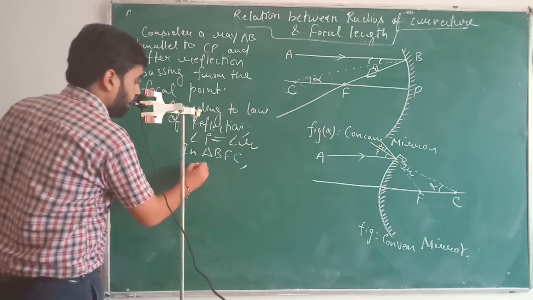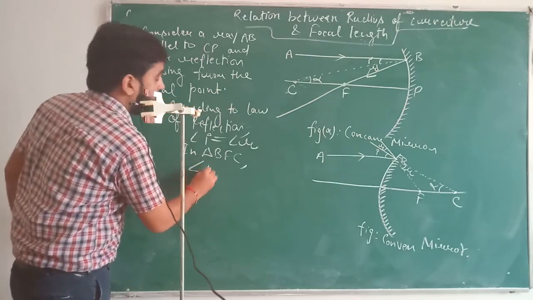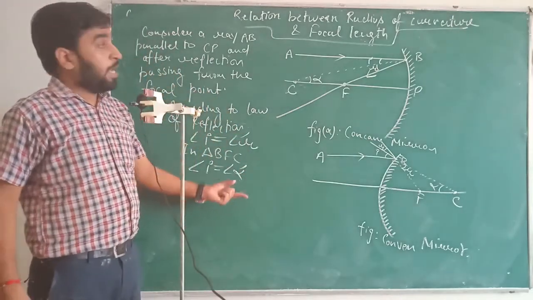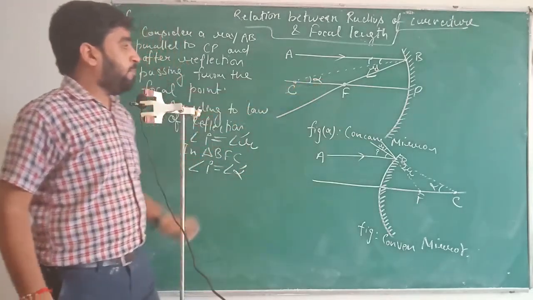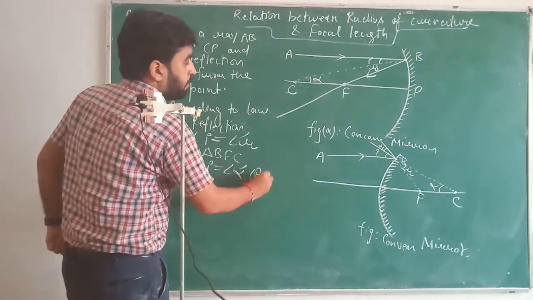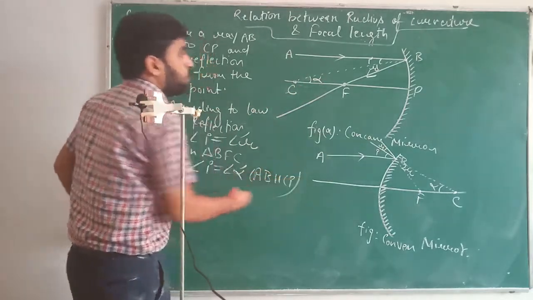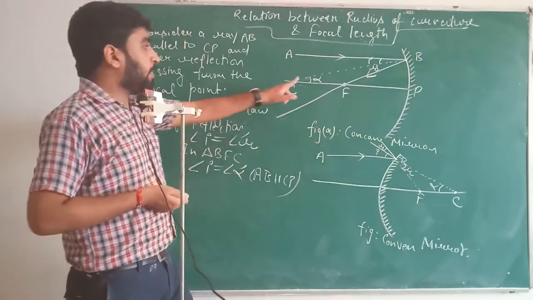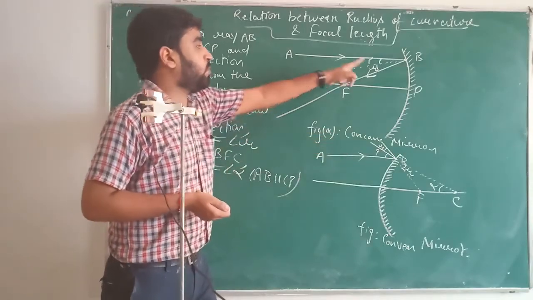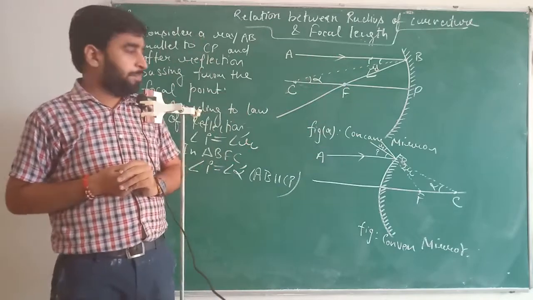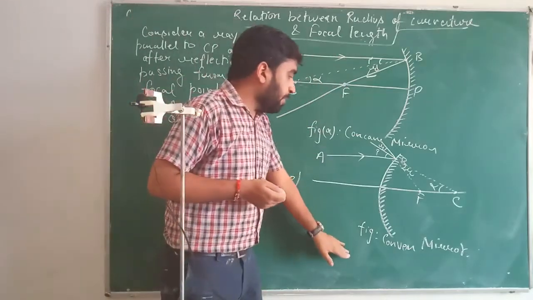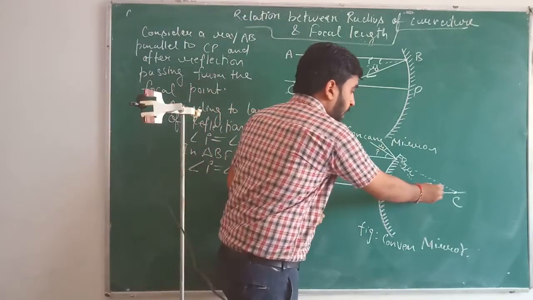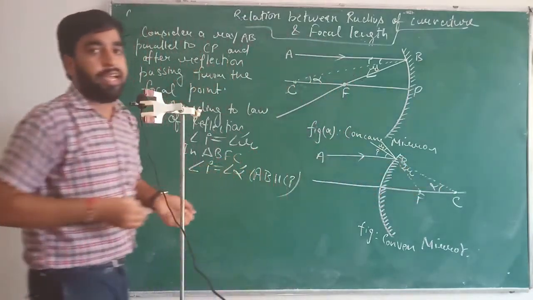But if you check, angle of incidence is already equal to angle alpha. Why? Angle of incidence I is equal to angle alpha, as AB is parallel to CP. In the case of concave mirror, alpha is equal to I, as these two are alternate interior angles. In the case of convex mirror, angle I is equal to alpha, as these two are corresponding angles.